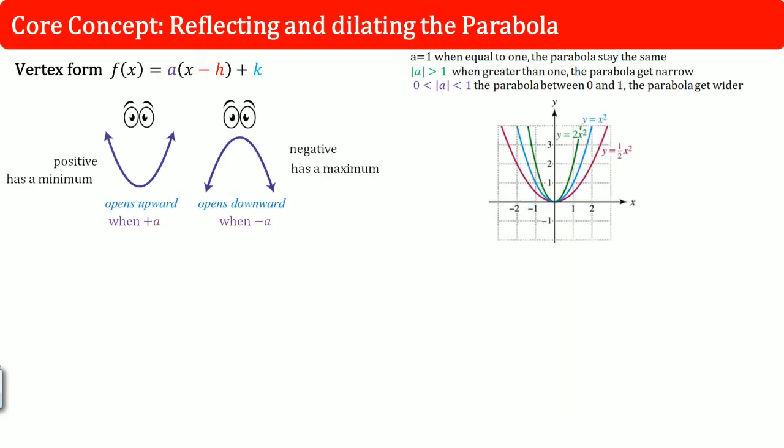So this leads us to our core concept that was introduced in the prior lesson, but it holds true for the vertex form as well. When a is positive, it opens upwards. When a is negative, it opens downwards. The sign of a affects the reflection, up or down.